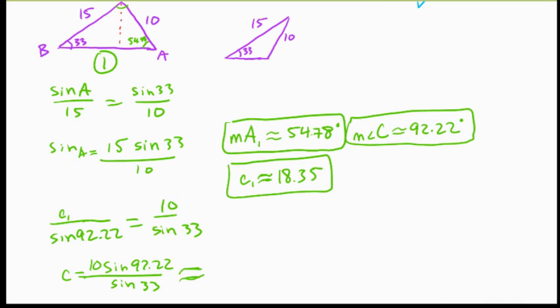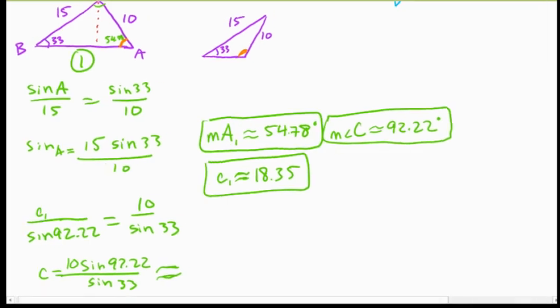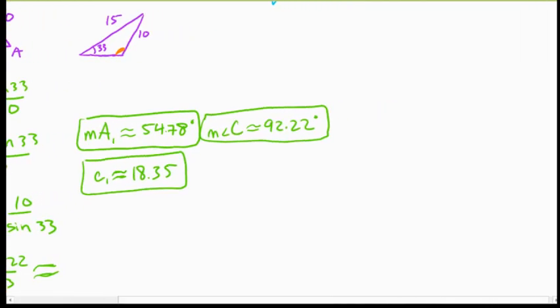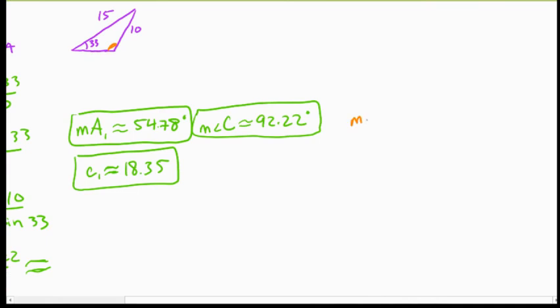I'm going to repeat that process now for the second triangle. One of the tricks that I know is that angle A1 and angle A2 are supplementary, meaning I can subtract from 180 to get our other angle A. So to make life a little easier, the measure of angle A2 equals 180 minus 54.78.